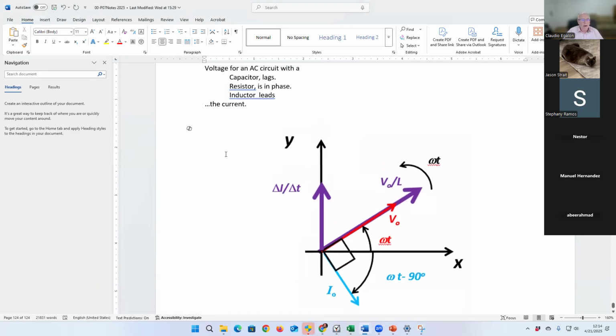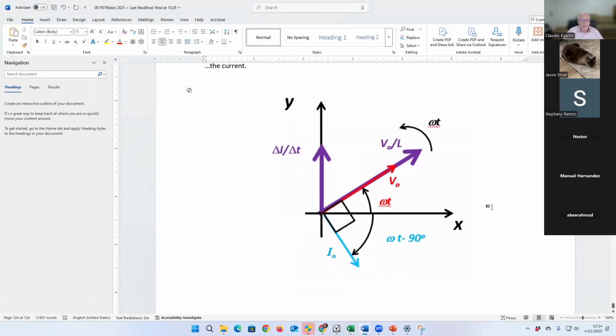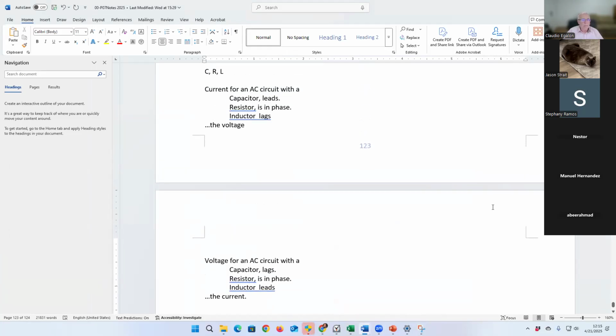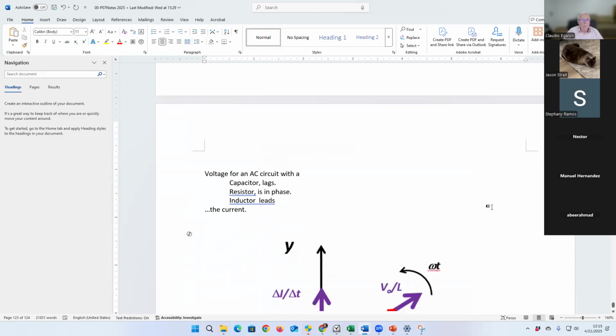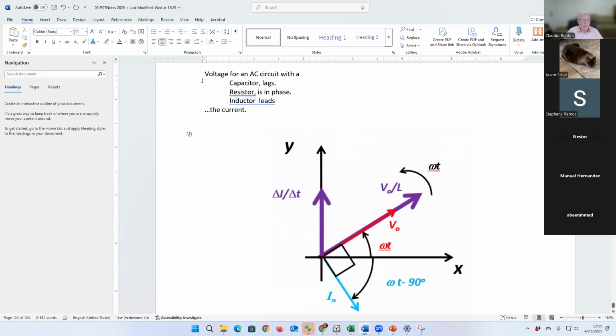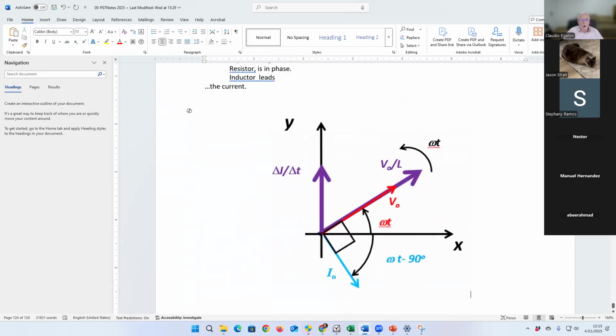That's the right way. The current lags, and so we have all the elements here that we need to go to the next step.